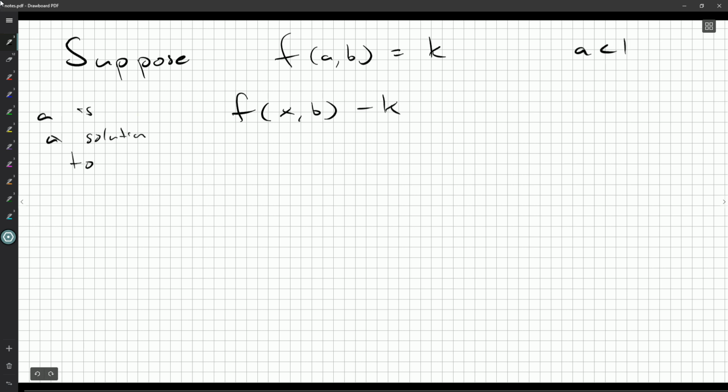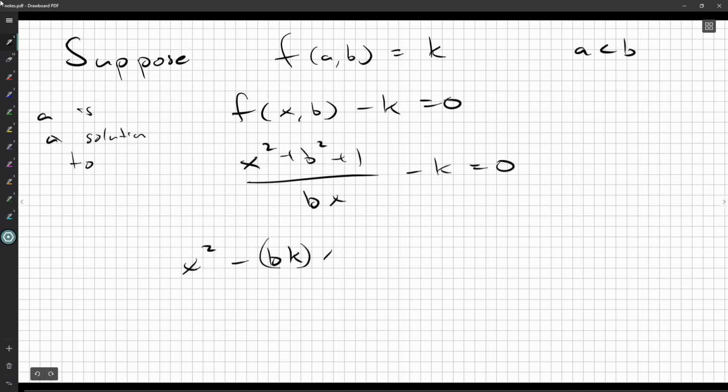I will say a is less than b. a is a solution to this, which will turn into sort of a quadratic. So x squared plus b squared plus 1 over bx minus k equals 0. And we'll get x squared minus bkx plus b squared plus 1 equals 0.